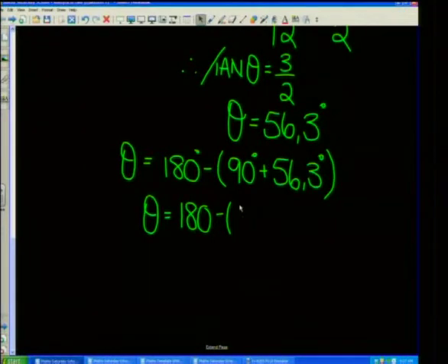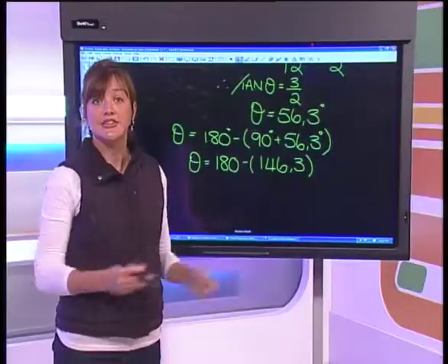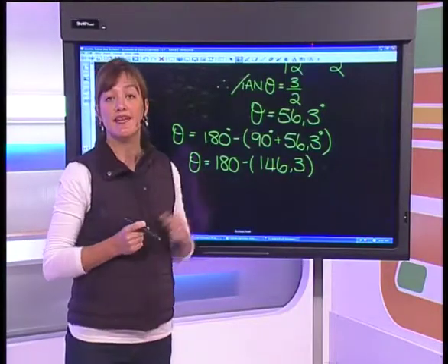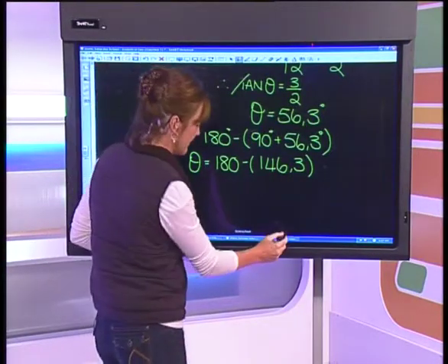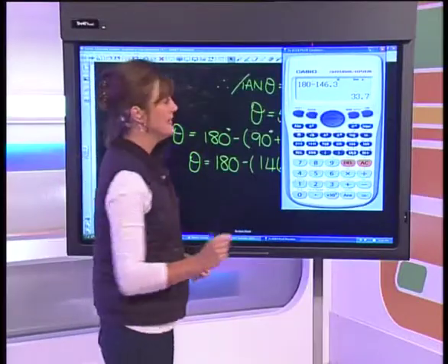Okay, so we've got 146.3 in our brackets. And obviously what we now need to do is take 180 and minus our 146.3. And that is leaving us with an angle of 33.7 degrees.